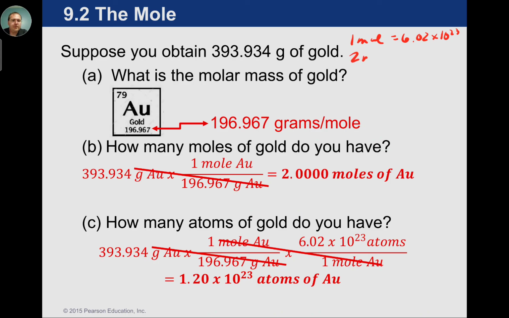We just see in this problem that 2 moles is 12 times 10 to the 23rd, or better said, 1.2 times 10 to the 24th by converting it into proper scientific notation just by moving that decimal over 1 more space. Then you can imagine as you get to 5 moles, some students get this confused. That would be 30 times 10 to the 23rd power, or just 3 times 10 to the 24th power.